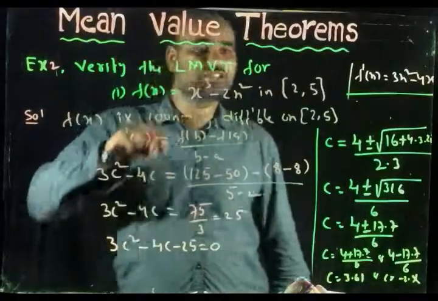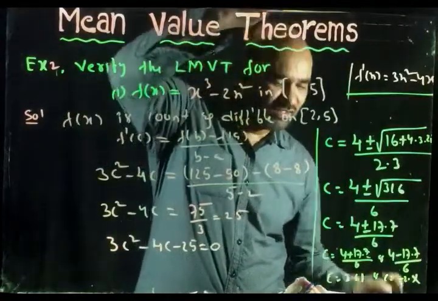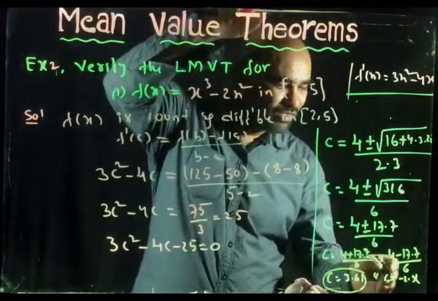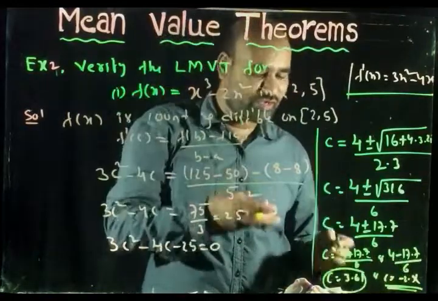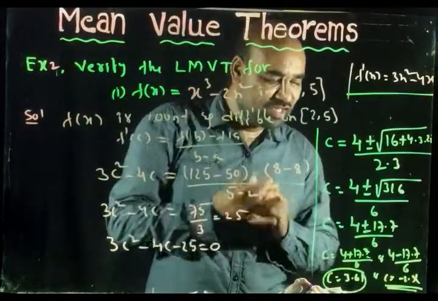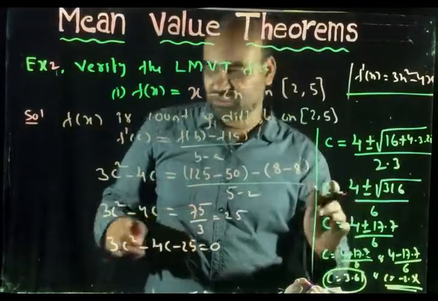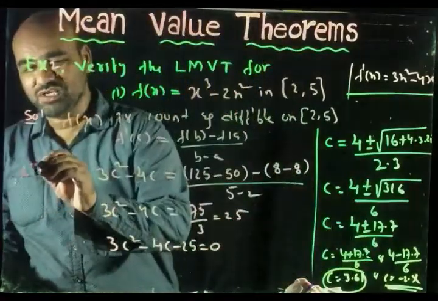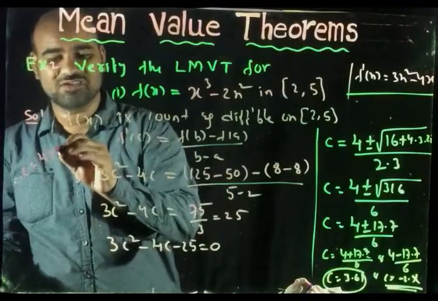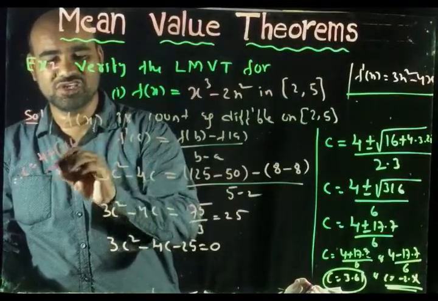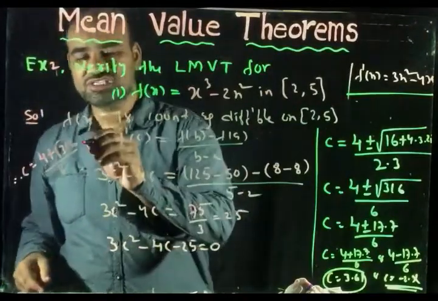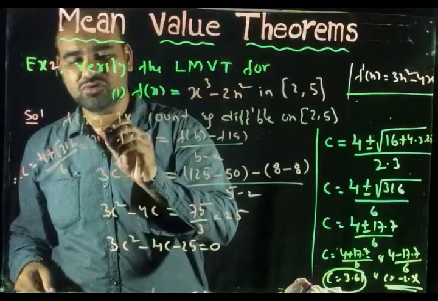Here our c should be in between 2 to 5. This is in between 2 to 5, but this is not. So the required c value is 3.61, or directly I can say c equal to 4 plus root over 316 by 6, which belongs to the closed interval 2 to 5.